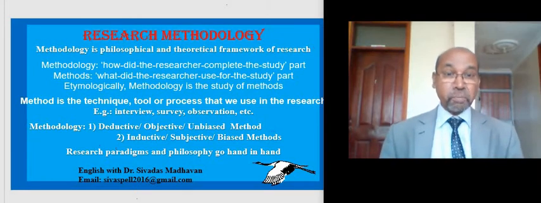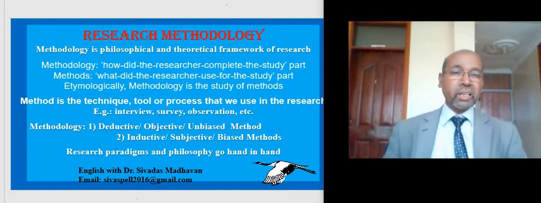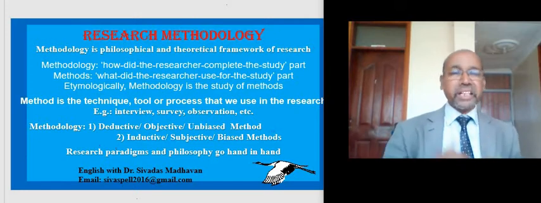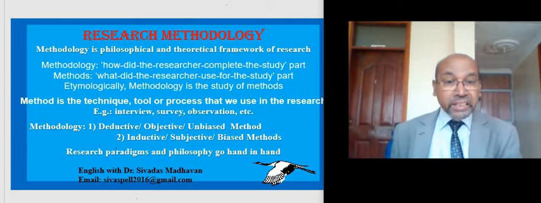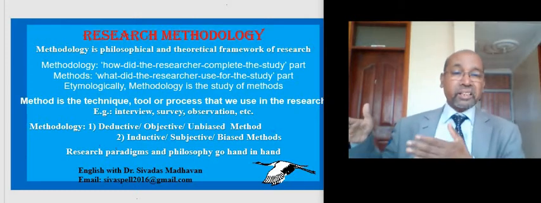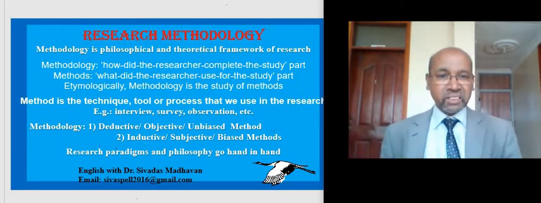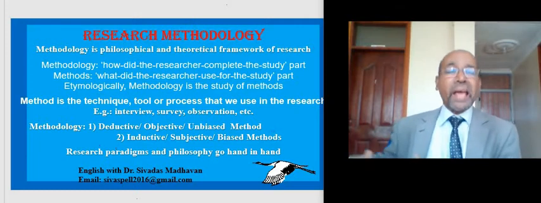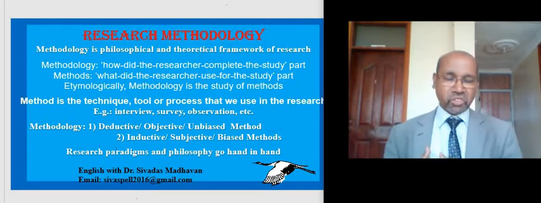But in research, methodology refers to two different types of methods called inductive method and deductive method. Inductive method is the subjective method or biased method. It is qualitative research.